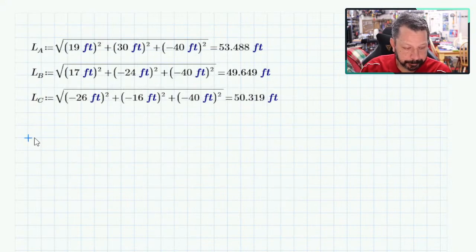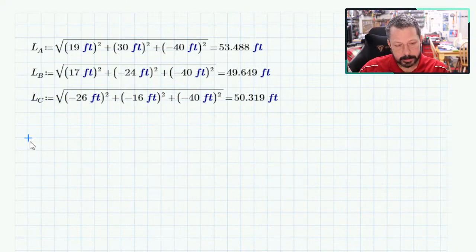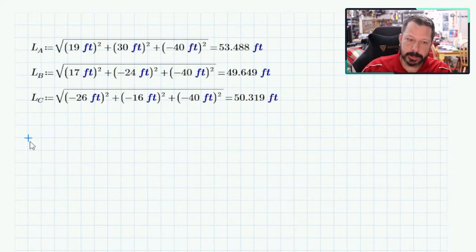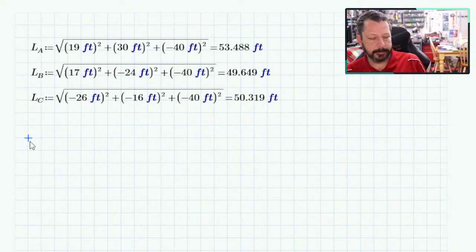All right, so the next step we would want to do is begin assembling our matrices. If you're doing this by hand, you might write the equations: summation of forces in X, summation of forces in Y, and summation of forces in Z all equal 0. So in the X direction, I have all the X components times their cosines.